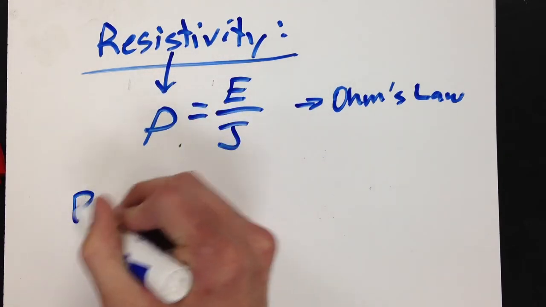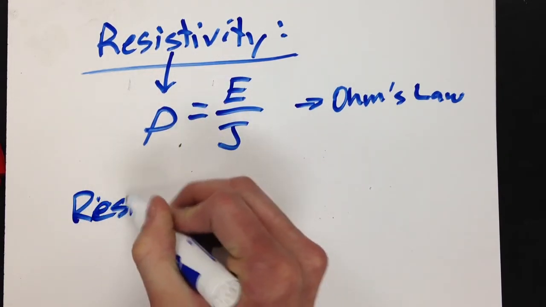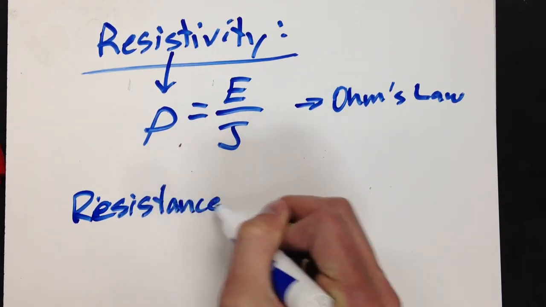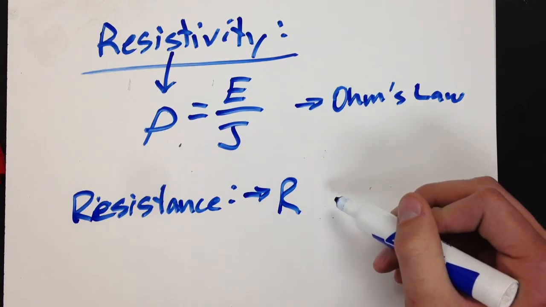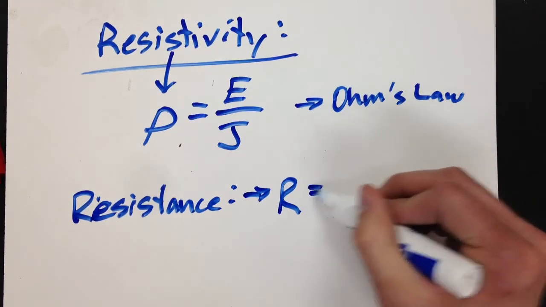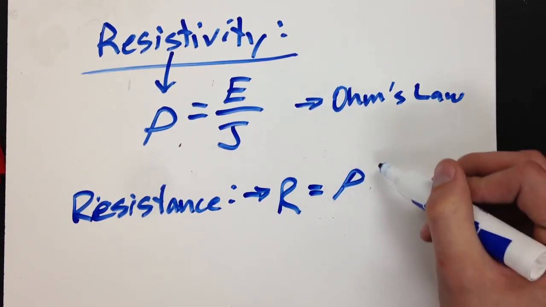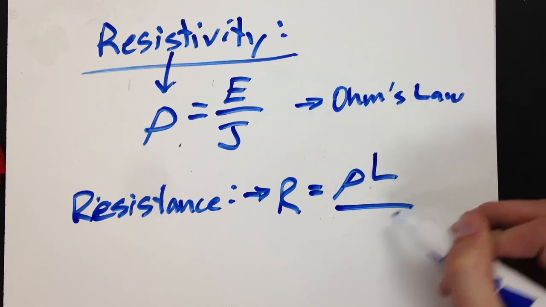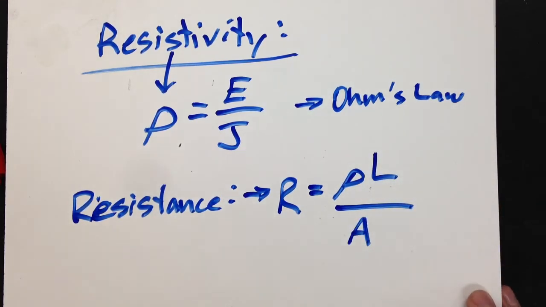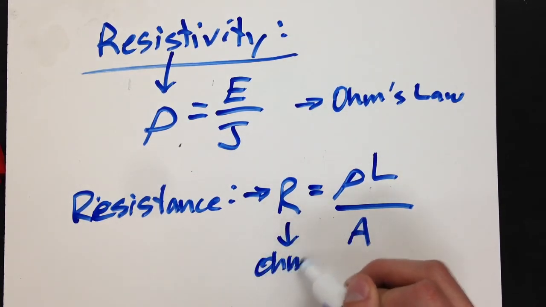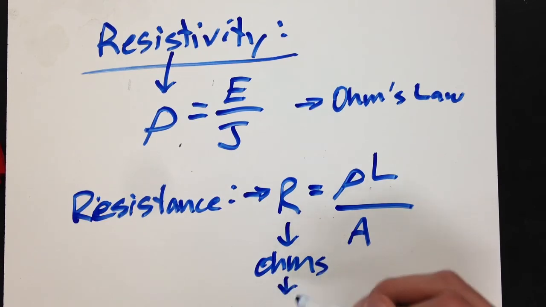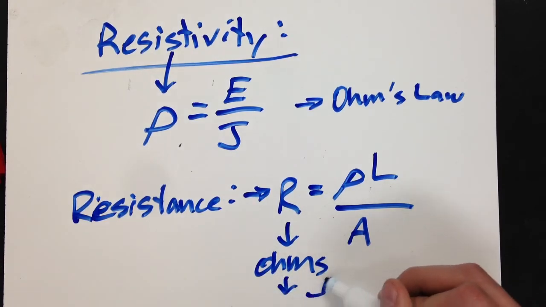The actual resistance is denoted with R, and that is its resistivity times its length all over its cross-sectional area. Now, the units on resistance, they are ohms, which is denoted with the symbol omega.